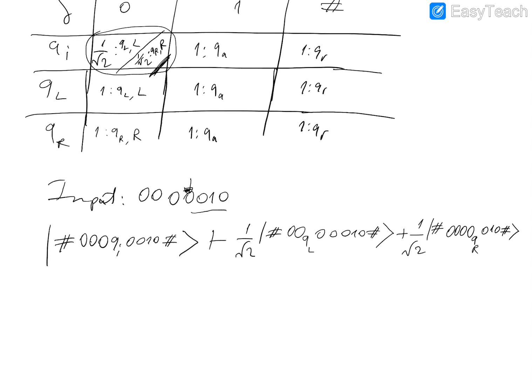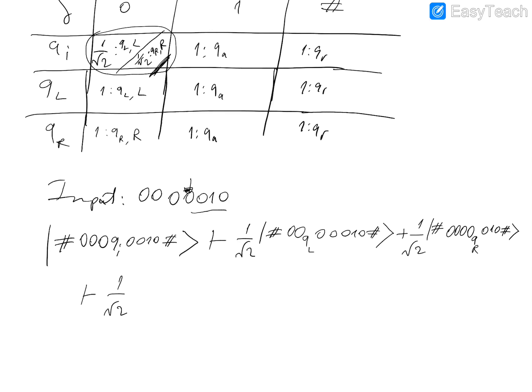All right, anyway. From this configuration, we have 1 over square root 2. We're reading 0 here, and we're in state Q right.